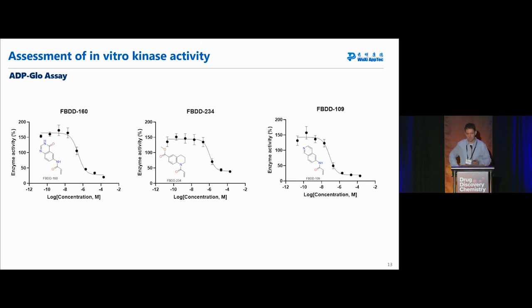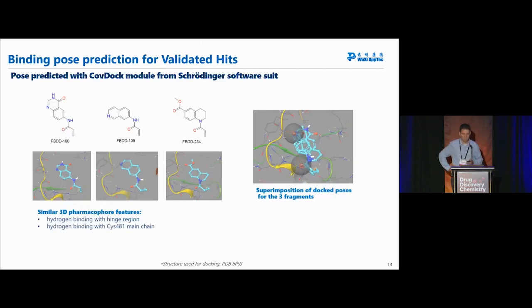And then after we had our biochemically, biophysically validated hits, we went back to our medchem team. Then they ran some docking, where we were able to see a conserved region that our fragment, similar to ibrutinib, binds, or most likely binds, to the hinge region of BTK and covalently modifies cysteine 481 of the protein.